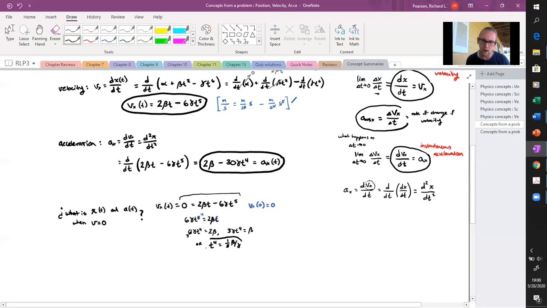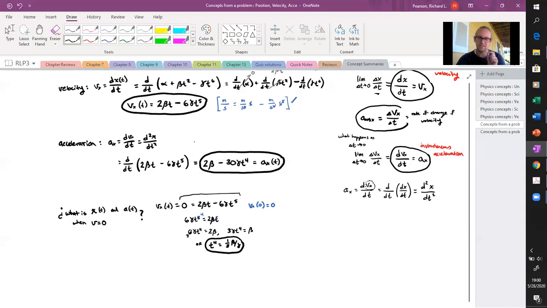Now, why would I solve for t? What's the purpose of that? Okay, the purpose is we have established that we want to find the position and the acceleration when the velocity is 0. So we set velocity equal to 0, and because we have an equation for it, we can solve for the time, or the times, at which the velocity is equal to 0.